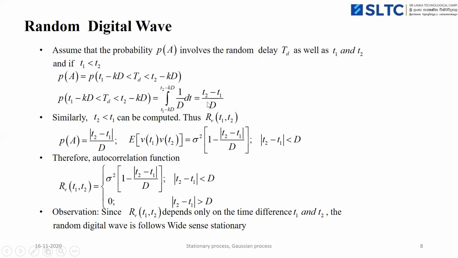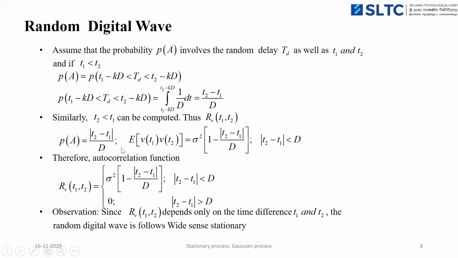After integrating, we get the probability of the event P of A equal to t2 minus t1 divided by capital T. Similarly, here we considered t1 less than t2. If t2 is less than t1, we also get the same with a different sign: t1 minus t2 divided by T. So finally, P of A equals the modulus of t2 minus t1 divided by D.